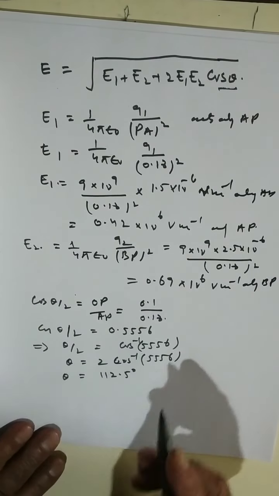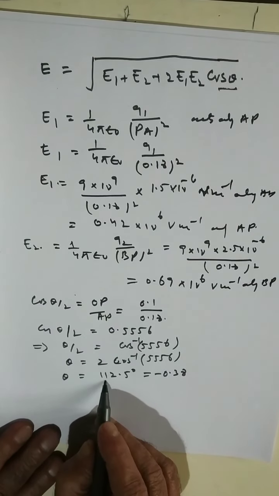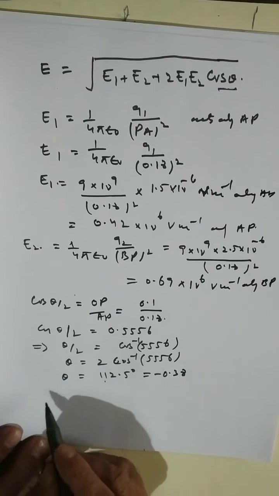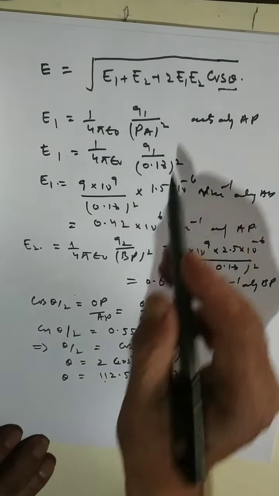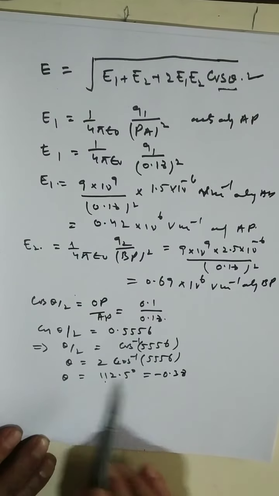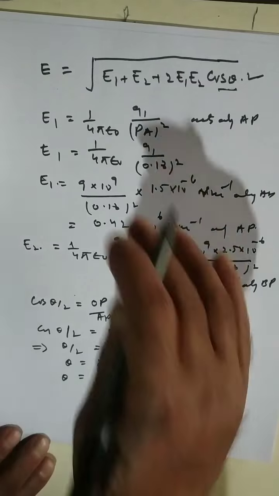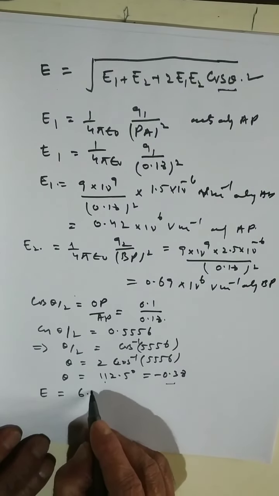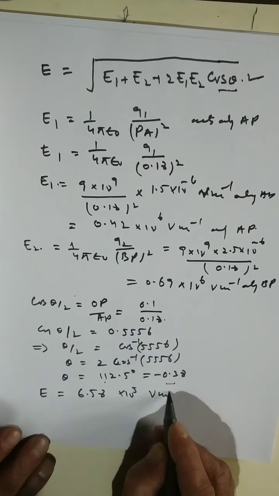Okay, which gives cos theta equal to minus 0.3 because it is in the second quadrant. Cos is negative there. So E, now we will substitute all the values in this equation. We have all the values. Theta का value भी आ गया, E1 का भी, E2 का भी. So after substituting these values, we get E equal to 6.58 into 10 raised power 5 volt per meter.